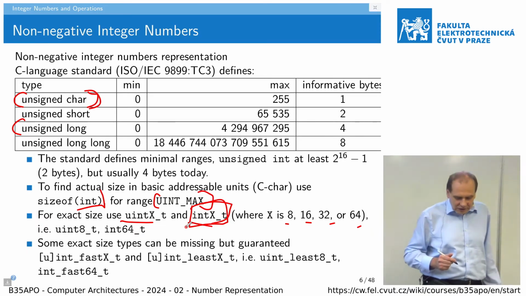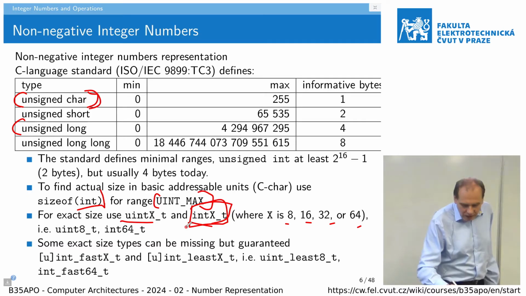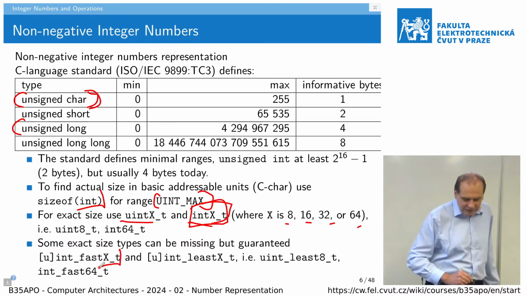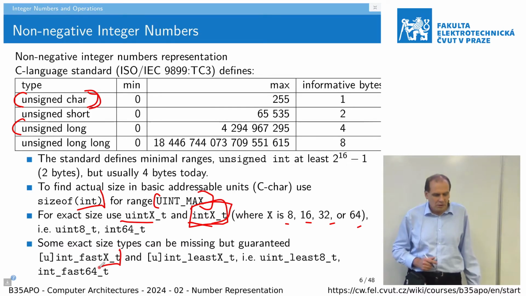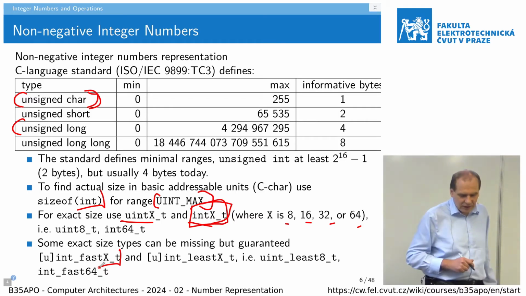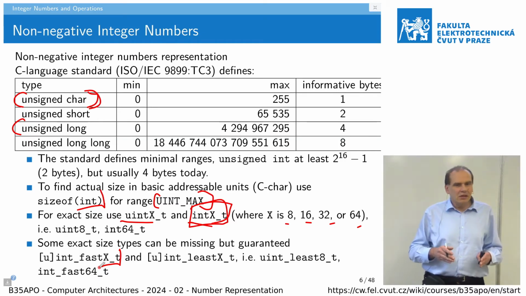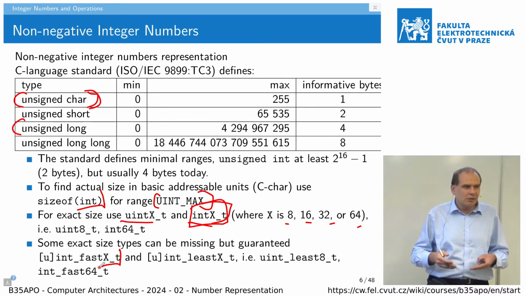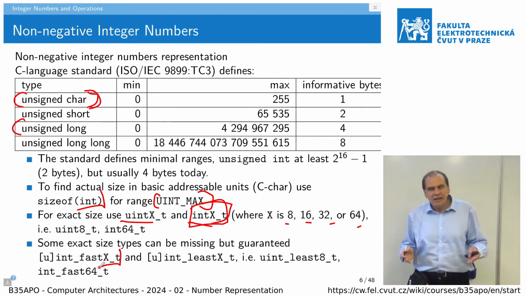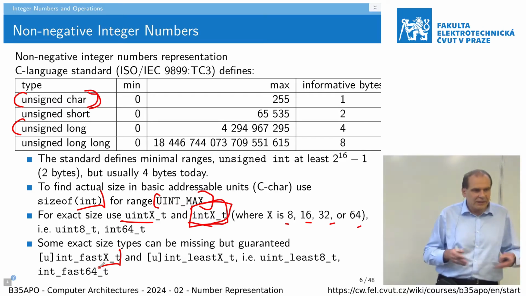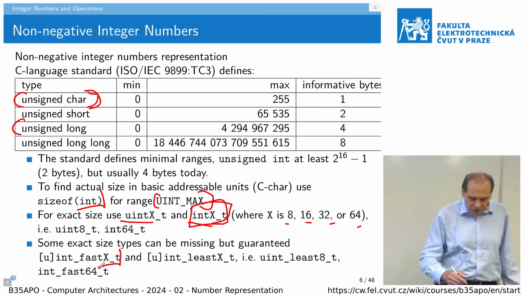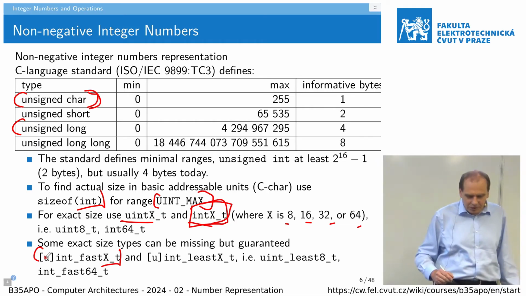So for this reason, another type is defined, the fast integer type, unsigned and signed, we get to that later, which allows to fit at least a given number of bytes. But if it is not optimum to represent the data this way, and it is better to use a wider register, then the compiler can freely choose a best matching type to speed up the computation.